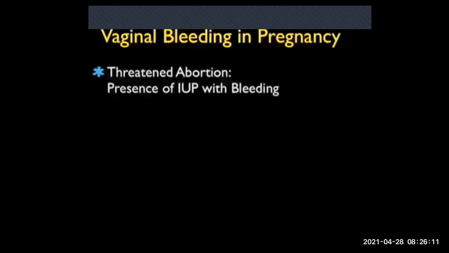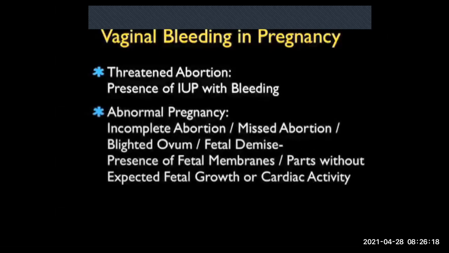When taking care of a patient who has vaginal bleeding in pregnancy, there's four main classifications of diagnoses. The first is a threatened abortion, which is defined as the presence of an intrauterine pregnancy with bleeding. The second main classification encompasses several different terms. The terms that are commonly used are incomplete abortion, missed abortion, blighted ovum, and fetal demise.